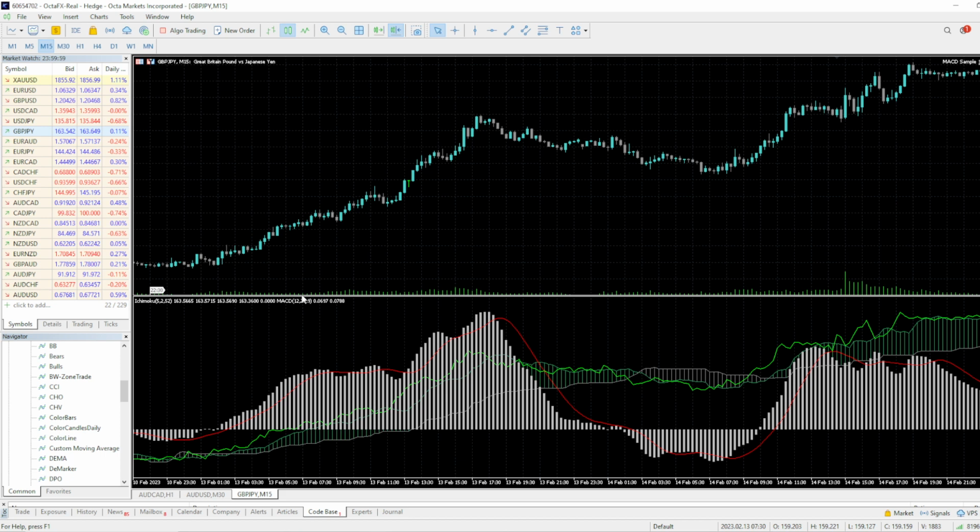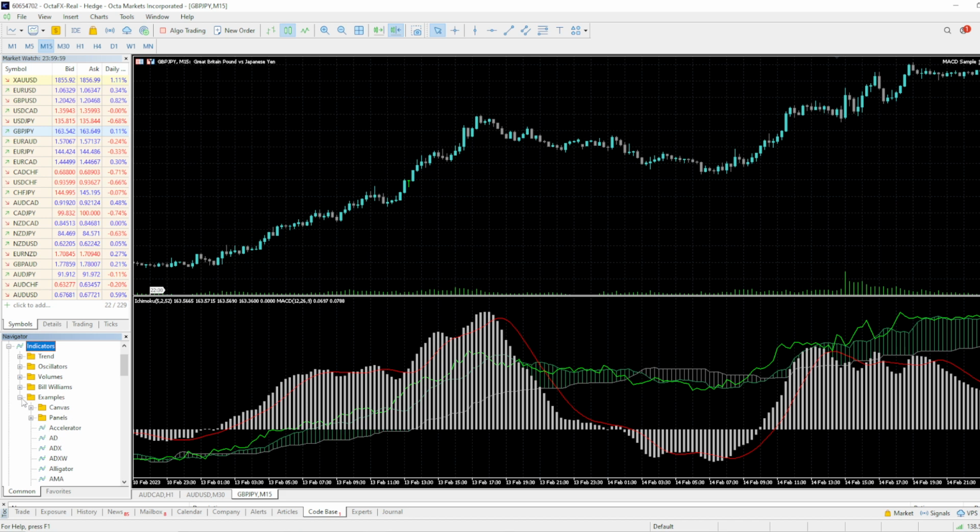But the most important thing is people want to know how to use these indicators or this strategy on your computer screen. So here you can see when you click the navigator, it is going to show you all the indicators over here, the trends and all these things.